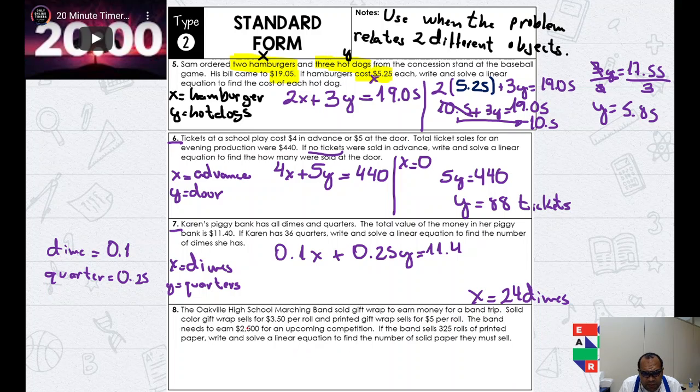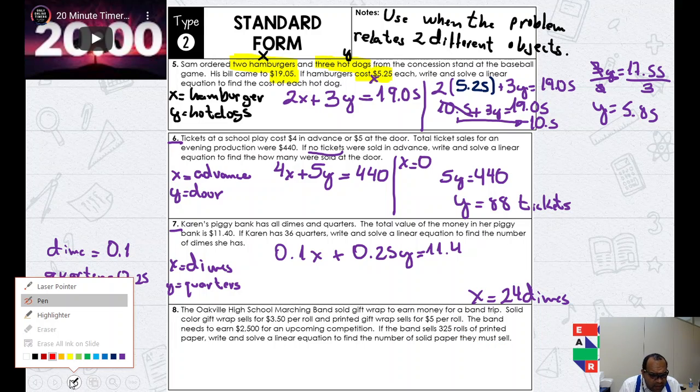Solid color gift wrap sells for 3.50 per roll, and printed gift wrap sells for 5 per roll. The band needs to earn 2,500 for an upcoming competition. If the band sells 325 rolls of printed paper, write and solve a linear equation to find the number of solid paper they must sell.